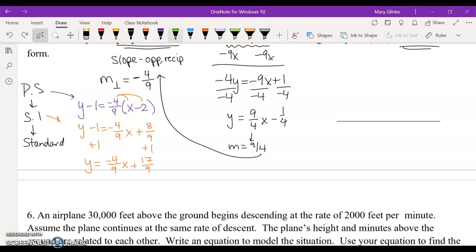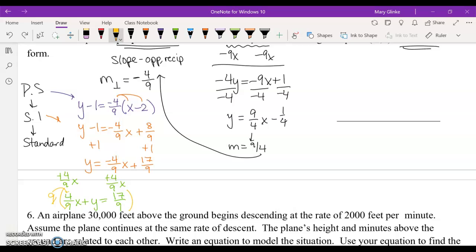Now we want to take this and go to standard form. So we have to move the x and the y to the same side. So 4/9 x plus y equals 17/9. And then our final step here is to make sure that there are no fractions. So we're going to multiply everything by 9.